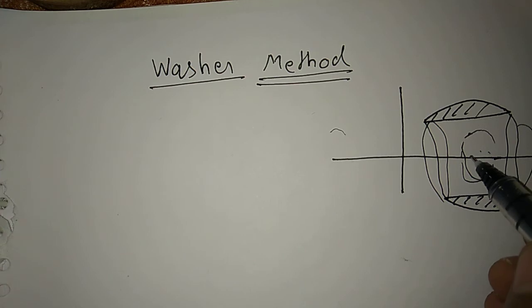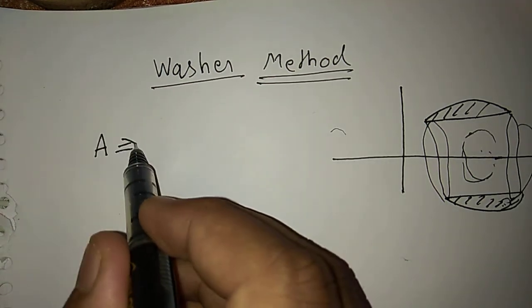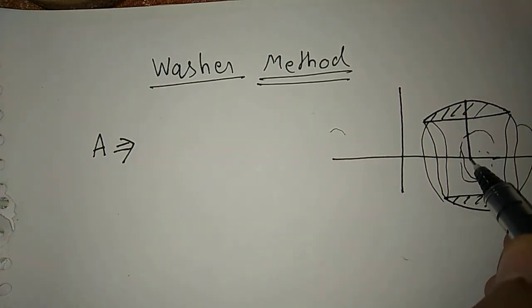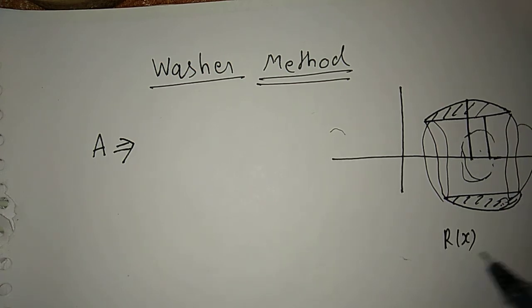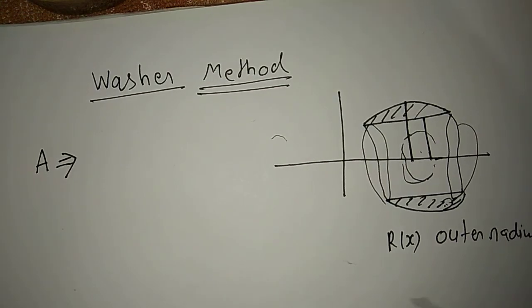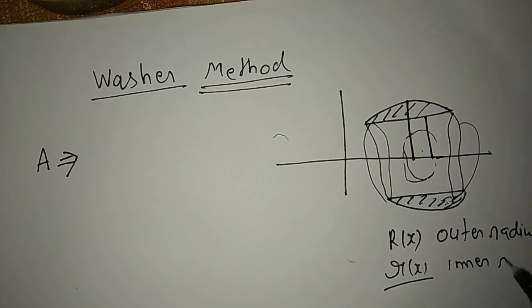We'll try to find the area. Area will be pi r square. So this is your outer radius and this is your inner radius. Let capital Rx be the outer radius, and small rx will be the inner radius.